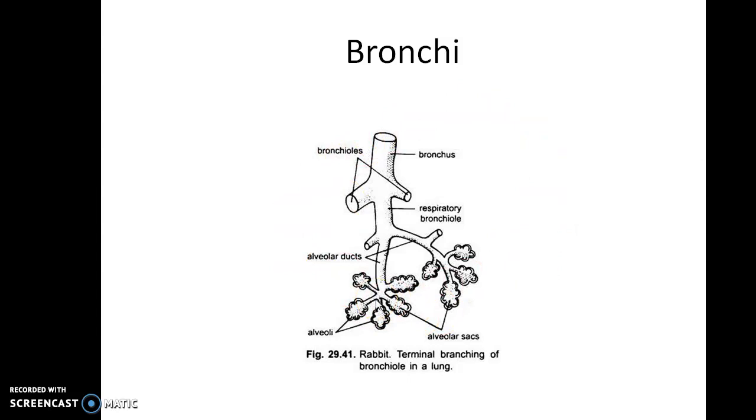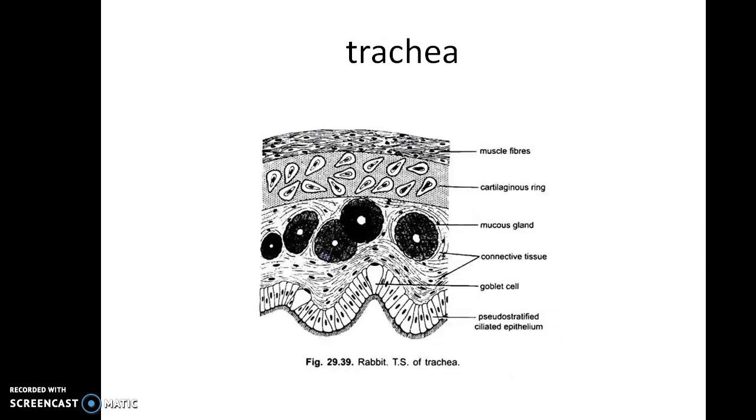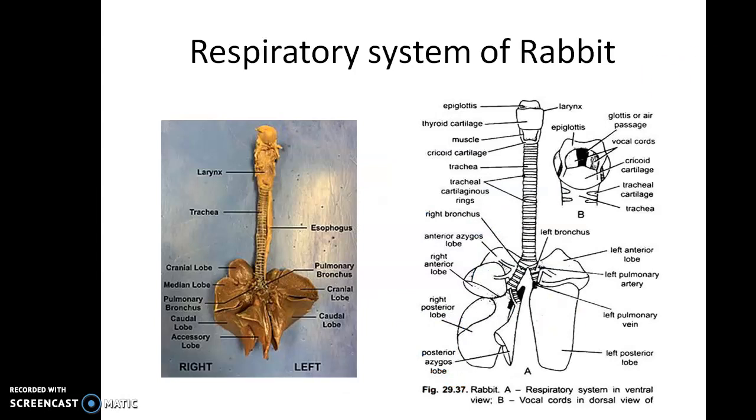The lungs are seen lateral. Okay, so this is how the lungs are. This is the lungs. So this is how we have seen the trachea branching into bronchi, which lead into the lungs.